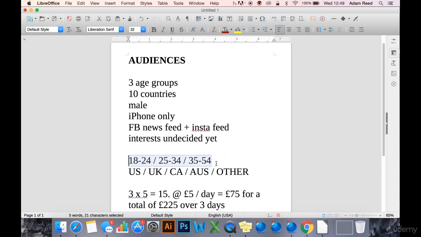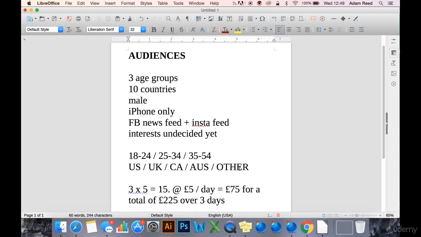So that's my ages, and then I'm targeting 10 countries. I've got the big four, and then a couple in Europe. The large countries are very popular in terms of Facebook ads. People do target them a lot, but I can't really justify it.